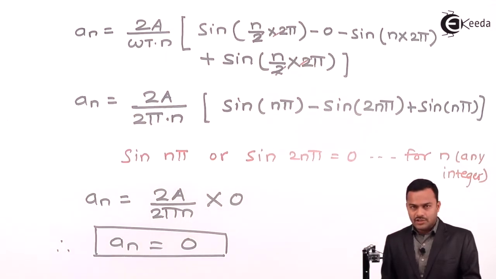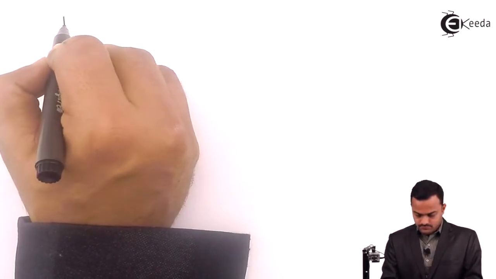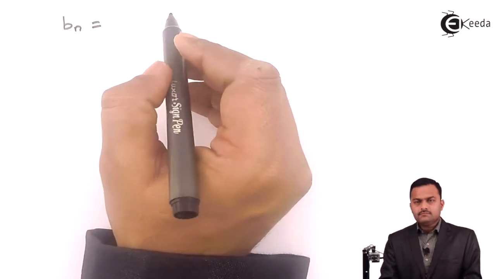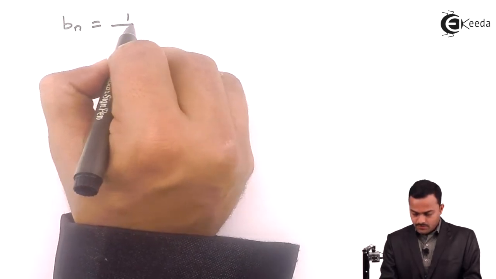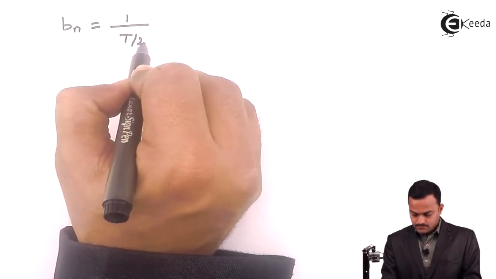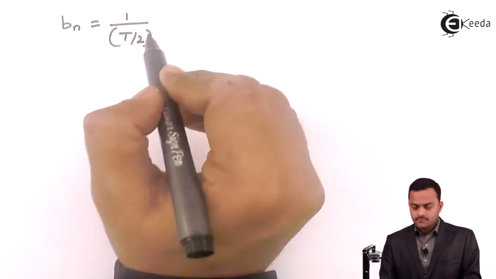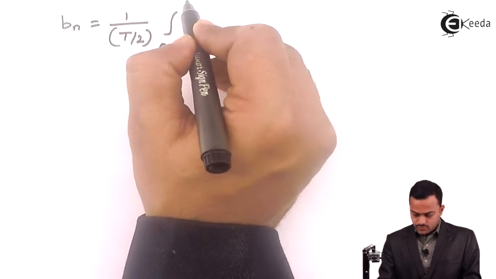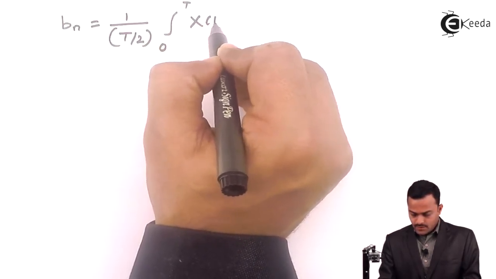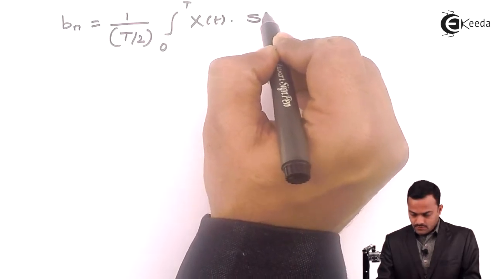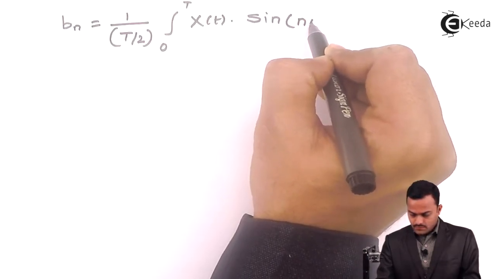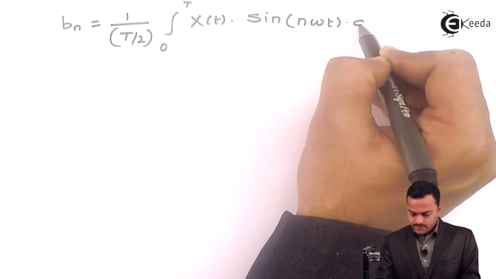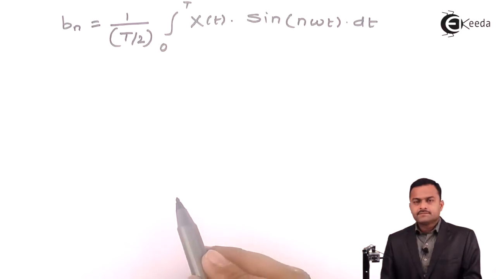Let's find out bn now. So bn is 1 upon half the time period, integral 0 to T x of t sine n omega t dt.